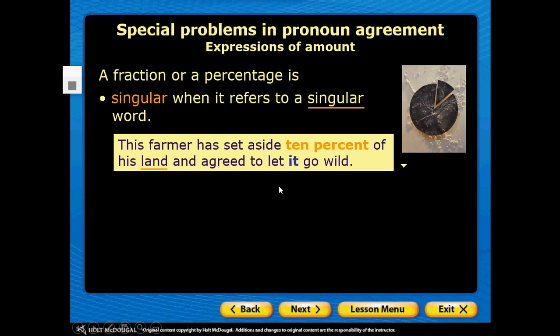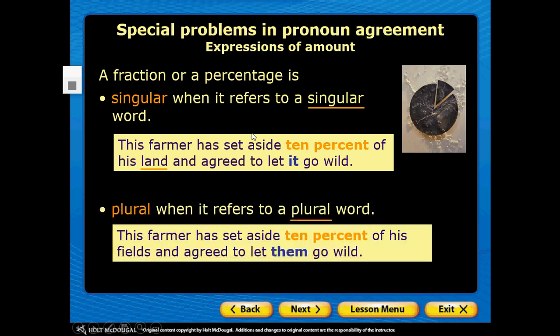So the singular word agrees with his land. So it's one piece of land, therefore it's singular. This is when we can say 10% is singular, and you have to look at the agreement here. It is singular, one piece of land, so we can assume that he's talking about the fraction as being singular.